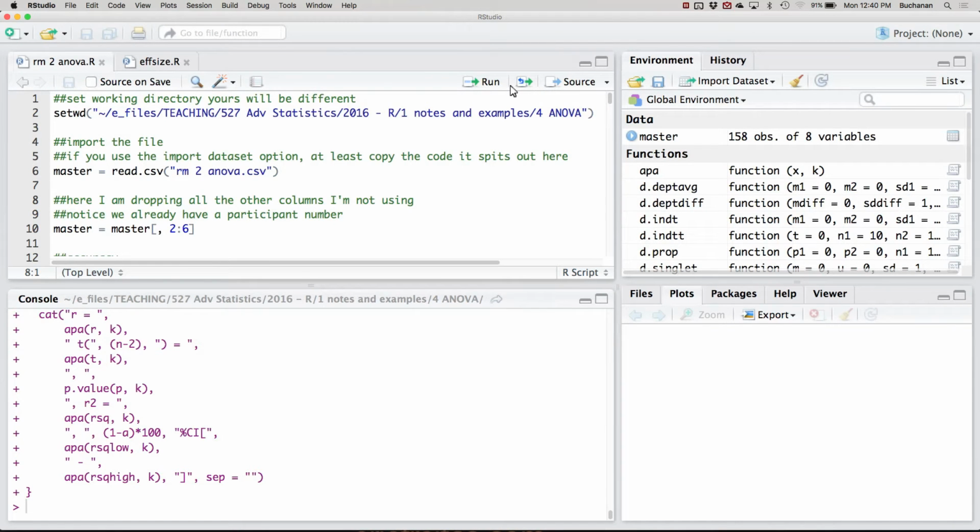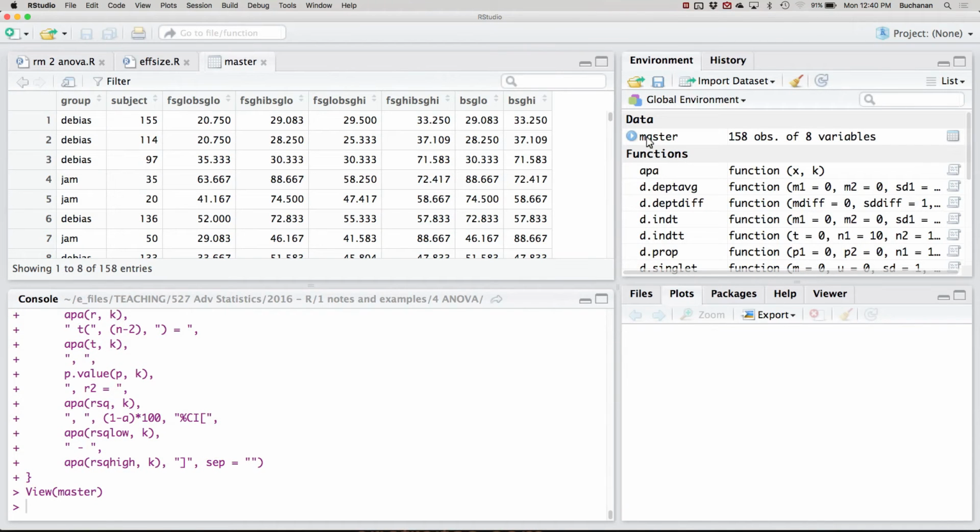Okay, so particular to this analysis, if you click on master here, you'll see that it has a bunch of extra columns in it, because we're going to use this data set again for a different example. So the very first thing I'm going to do is drop all the extra stuff I don't need. So FSG low, BSG low, you'll see how each condition gets its own column. Okay. This is wide format. Each person's a unique snowflake, yeah.